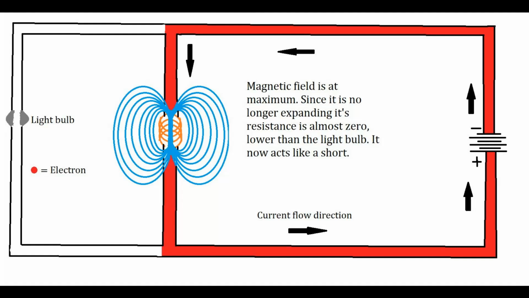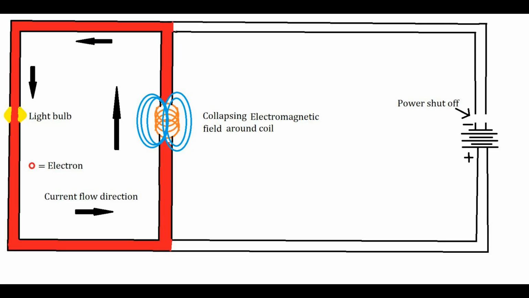When you shut off the power source, the magnetic field becomes the source of power, so it discharges through the bulb, keeping it lit for the period of time that it takes for the magnetic field to completely collapse. This happens because the voltage generation is halted as the magnetic field is changing while it diminishes. This induces a voltage.